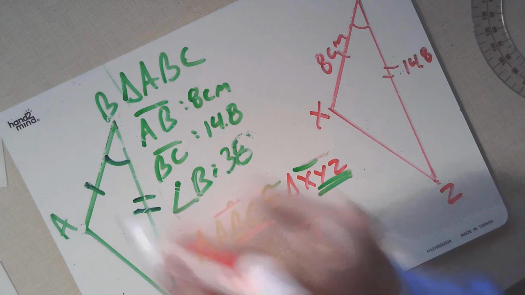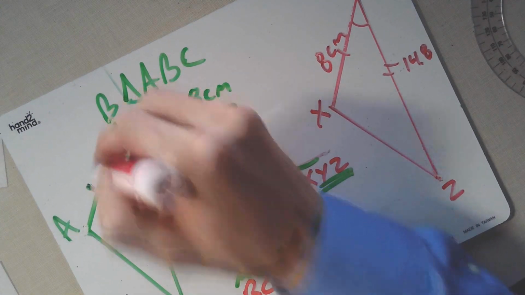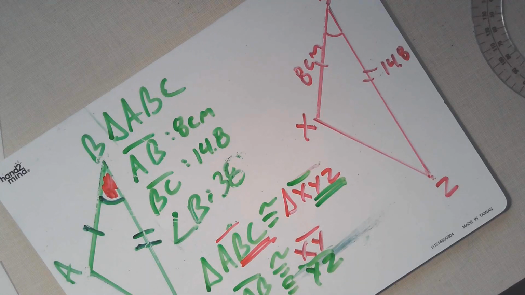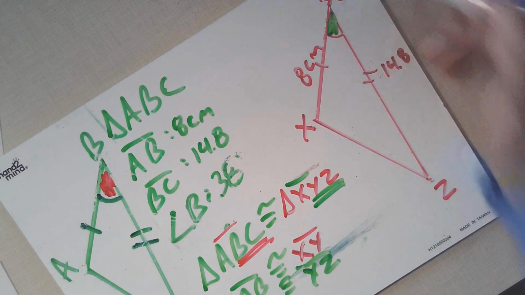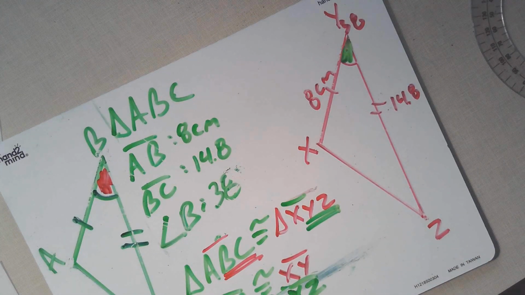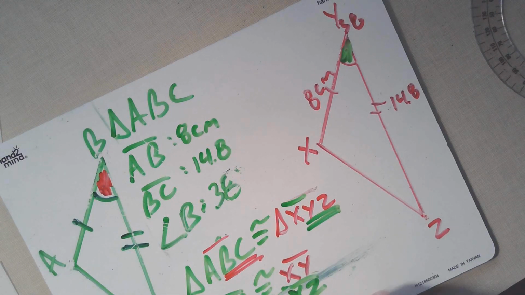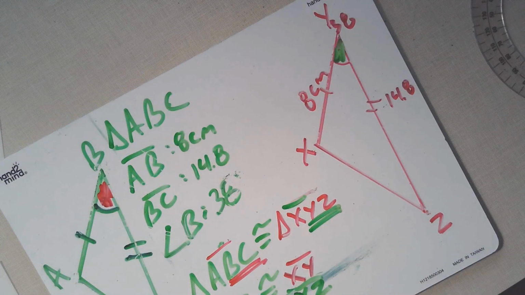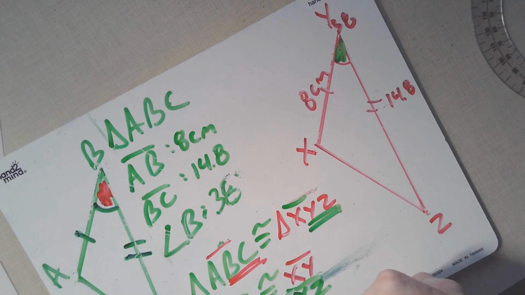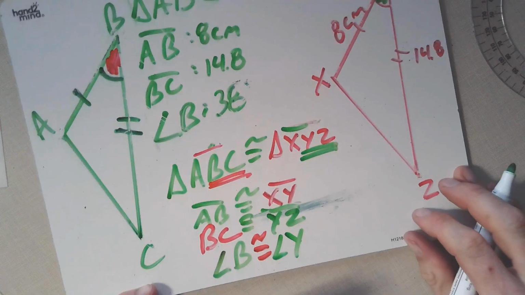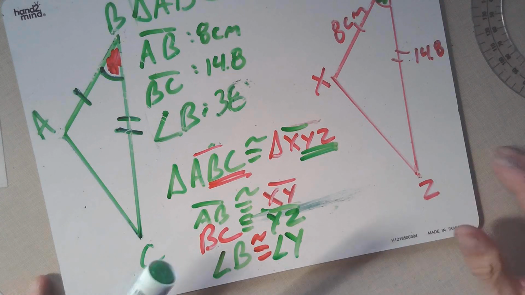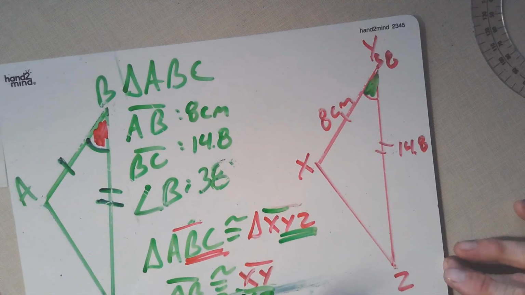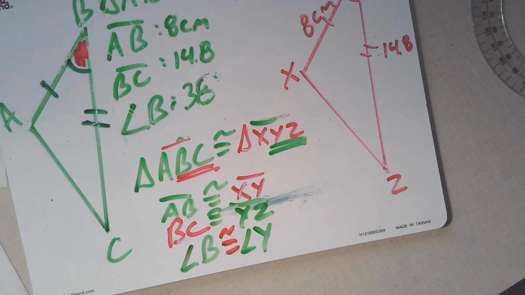Angle B must be congruent to angle Y. And they are. So hopefully that makes a lot of sense to you guys. And if you have any questions, please let me know.